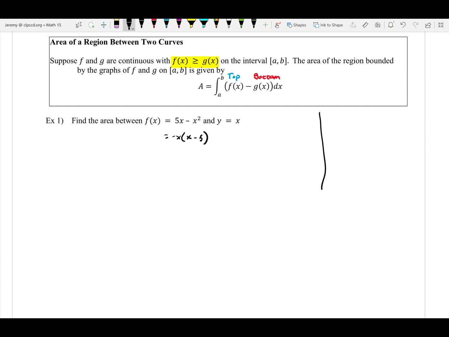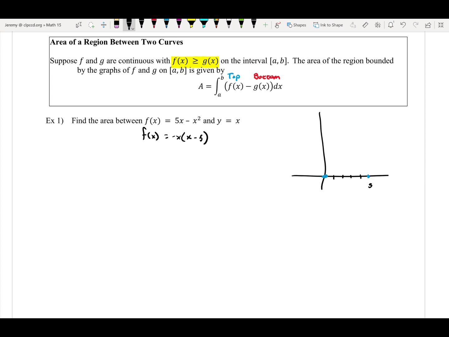So, a quick sketch of the graph. I'm going to do that right here. I'm going to count up to 5 on my x-axis, because looking at f of x, since it factors in that way, I can see that I have an x-intercept at the origin and one x-intercept at 5.